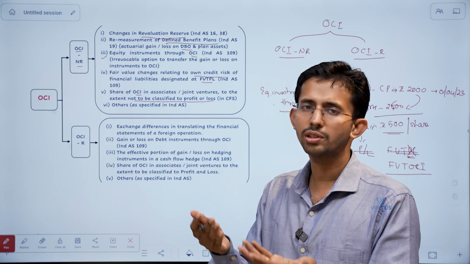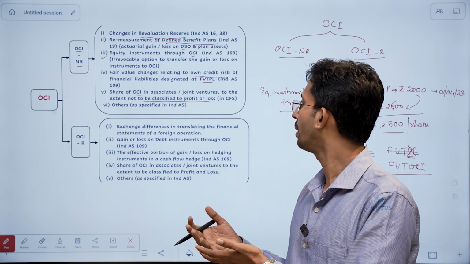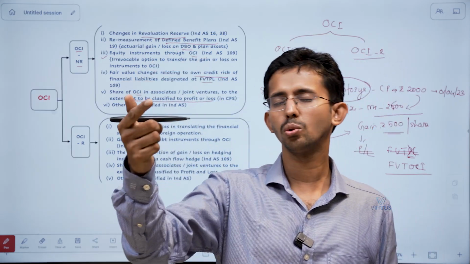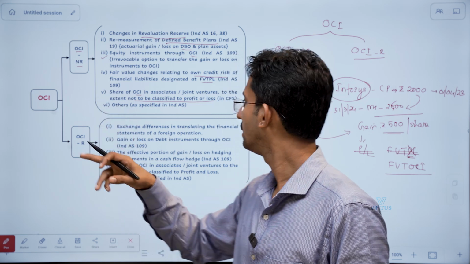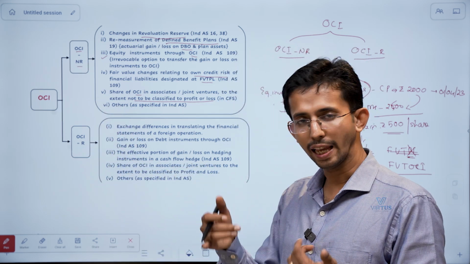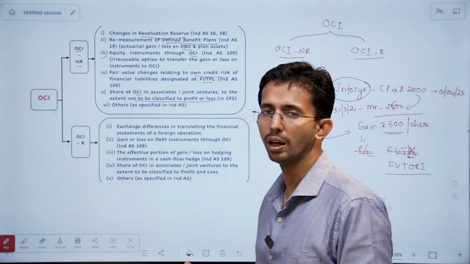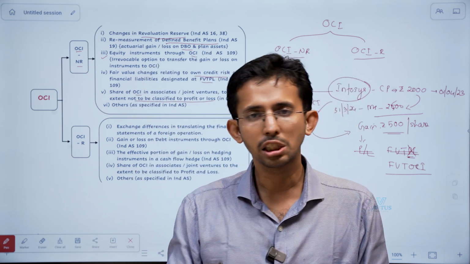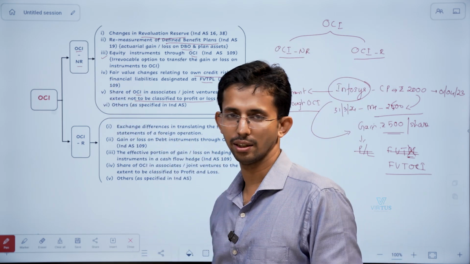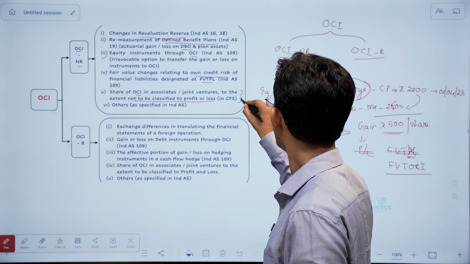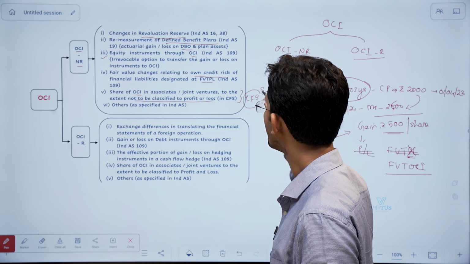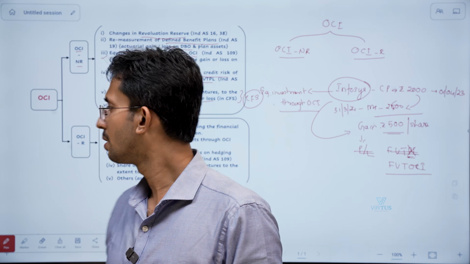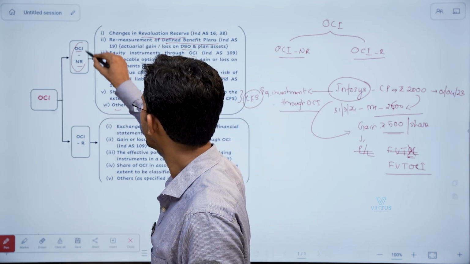If that OCI in the associate or joint venture is non-reclassifiable, then when you add it to your parent entity's OCI in the consolidated financial statements, it should be shown as OCI-NR itself. This applies to the group balance sheet or consolidated financial statements alone. And any other item specified in the Ind AS is a residual category. So these are the items which will come under the OCI-NR category.